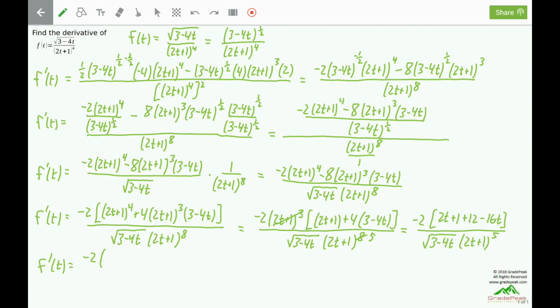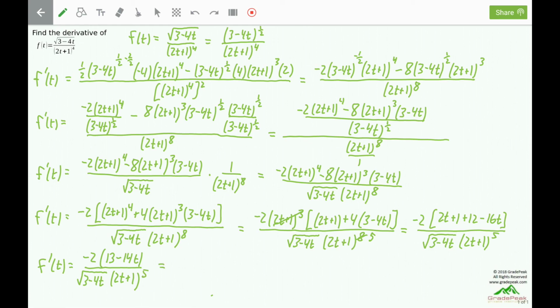I have a plus 1 and a plus 12 that will be a 13, and then I have the 2t minus the 16t, which will be a negative 14t. And then we leave the denominator alone. So we have the square root of 3 minus 4t, and then 2t plus 1 to the 5.